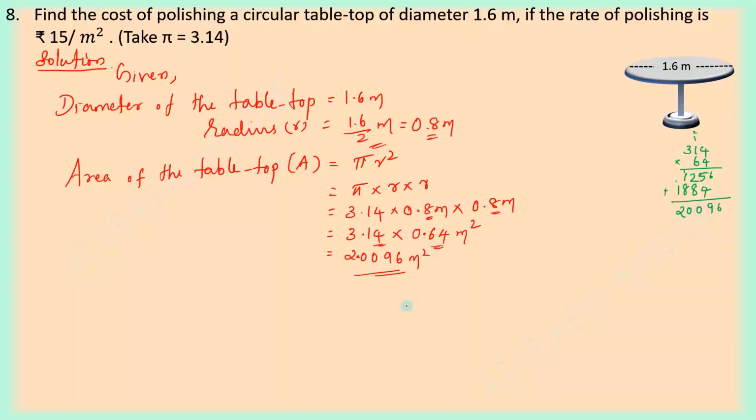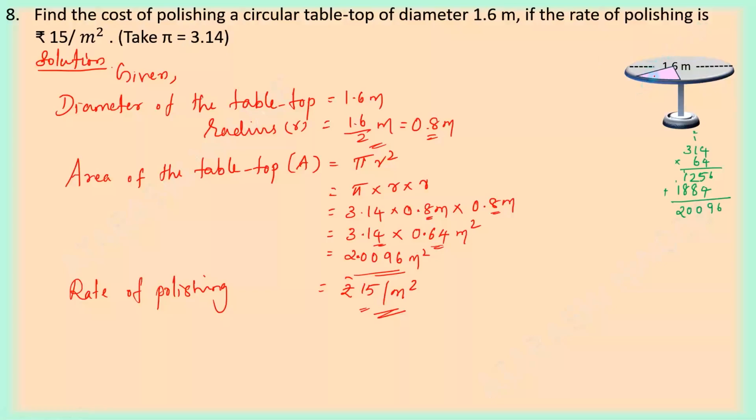Next we have to find the cost for polishing this tabletop. So next write rate of polishing equal to rupees 15 per meter square. That means for 1 meter square area the cost is rupees 15.